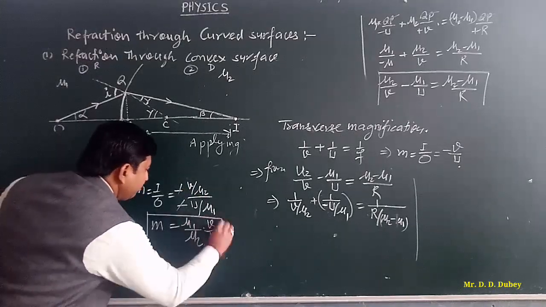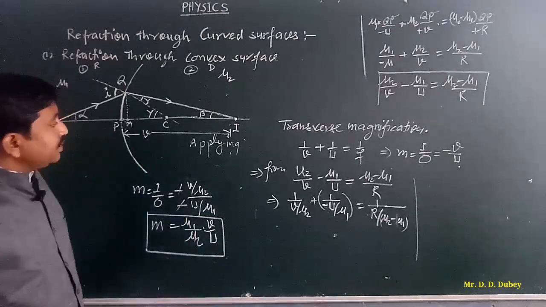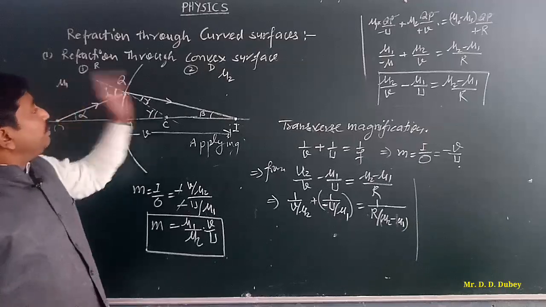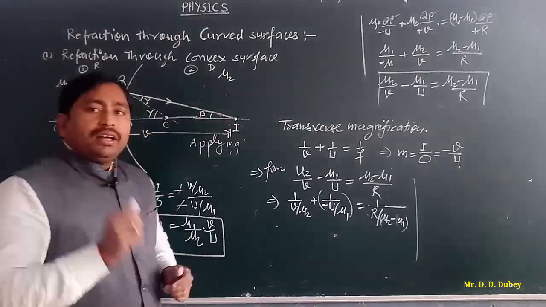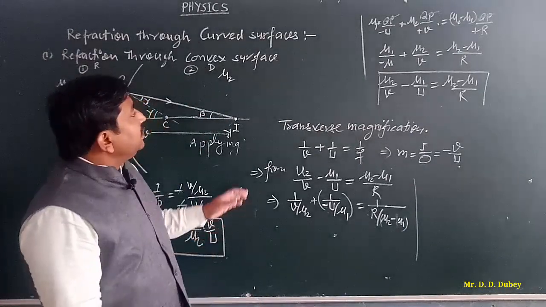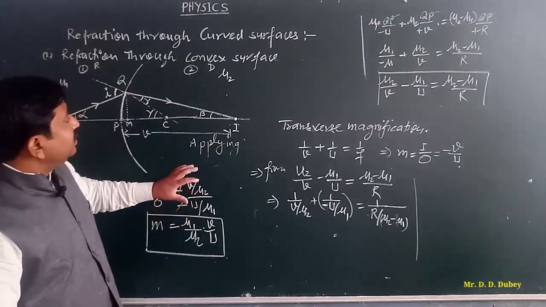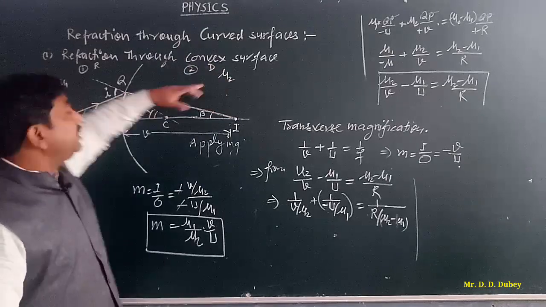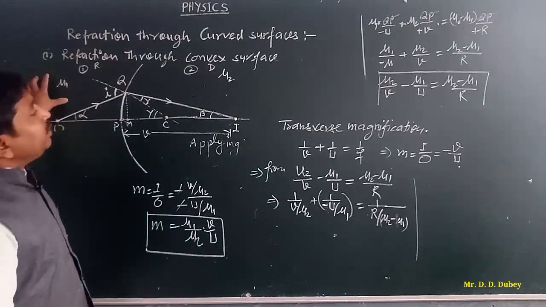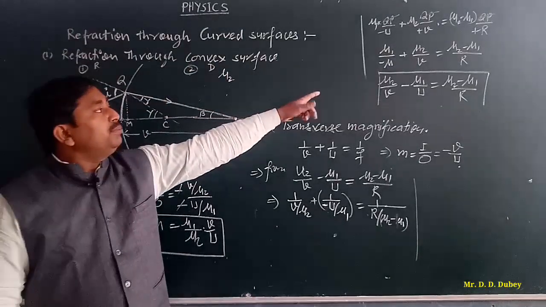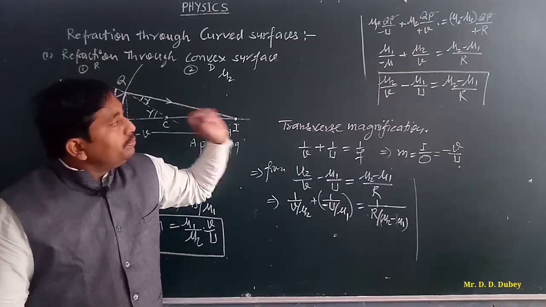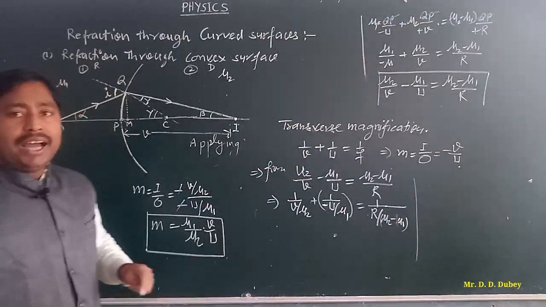So this is the formula for transverse magnification produced by these curved surfaces when light rays go from one medium to the other medium. When we take different types of media, rarer medium on this side and denser medium on this side, we again get this formula, mu2 by v minus mu1 by u is equal to mu2 minus mu1 divided by r.